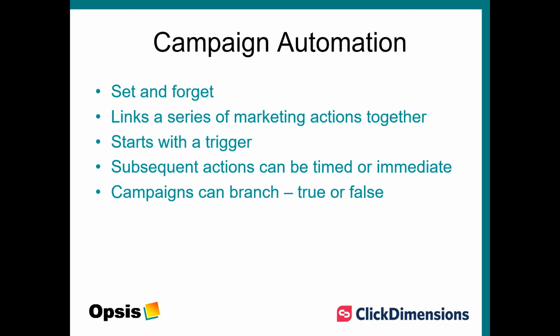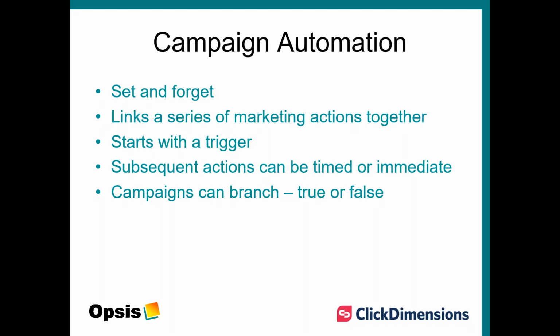We can also have branches, so typically true or false. So lots of ways where within a campaign automation, we can say, if this, do that, or if something else, do something different. So an example of that might be for everybody who opens email 1, they get sent email 2, but the people who don't open email 1 get sent email 1 again, or maybe get sent email 3.